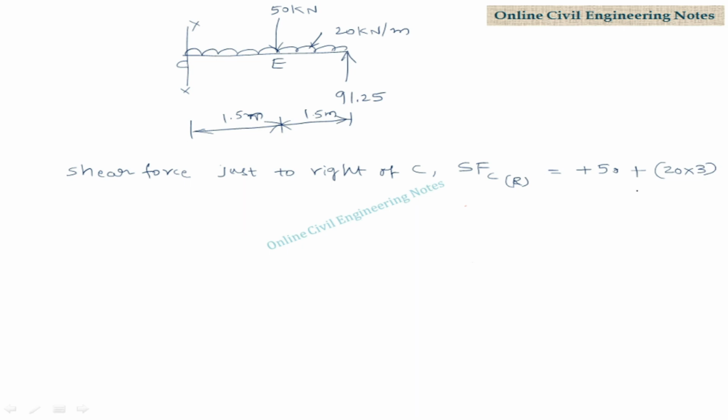Vertical upward force is taken as negative, minus 91.25. Shear force at C, right side, 50 plus 60 minus 91.25 is 18.75 kilonewton.